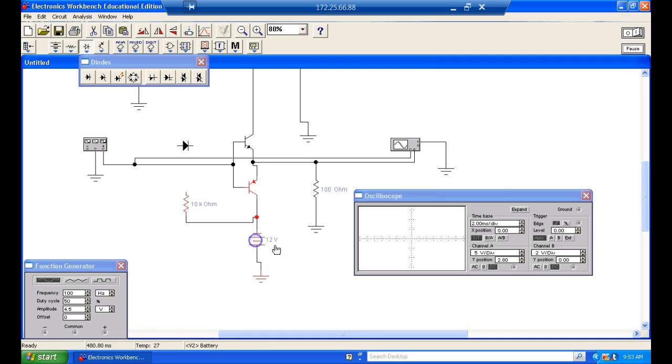I didn't want to get my transistor. Let's do these two.